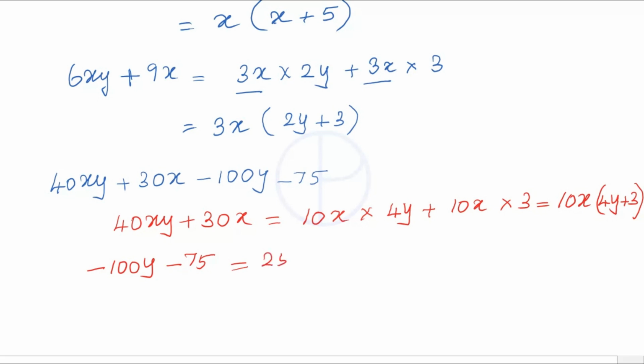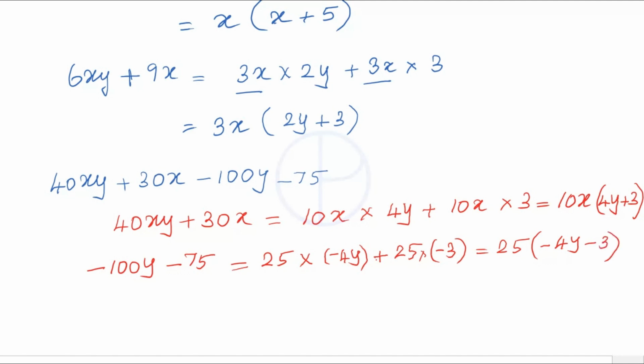So 25 multiplied by negative 4y, minus, or we will write plus, 25 multiplied by negative 3. So 25 multiplied by negative 4y, negative 3.